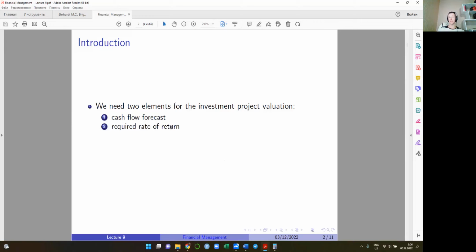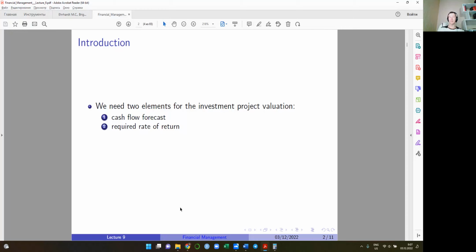And this is the required rate of return. In all the previous classes, we assumed that this required rate of return is given, and you make a discounting with the help of that rate, but we haven't said a word about the source of this information.